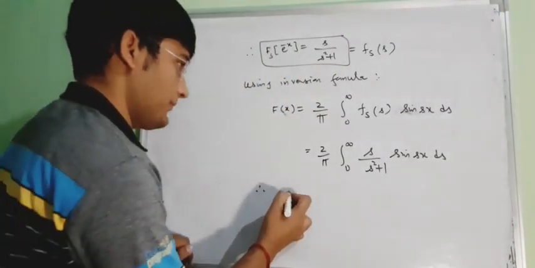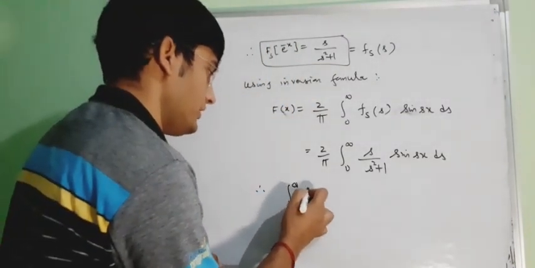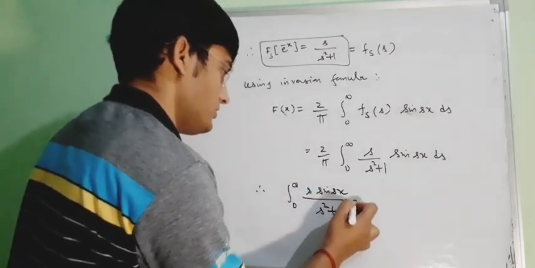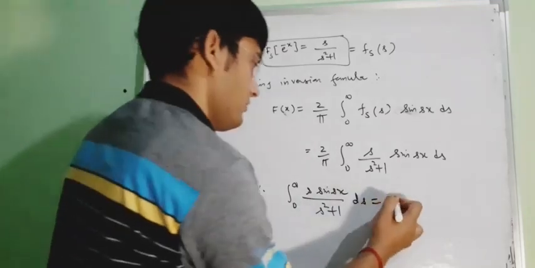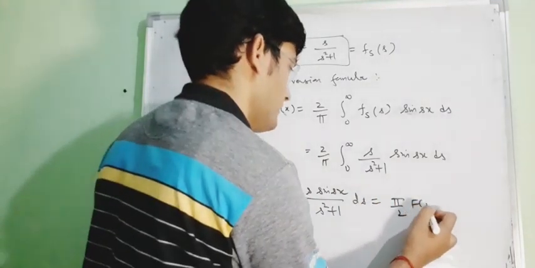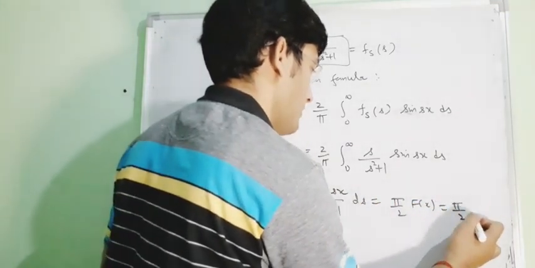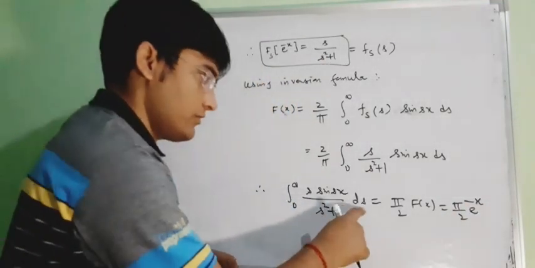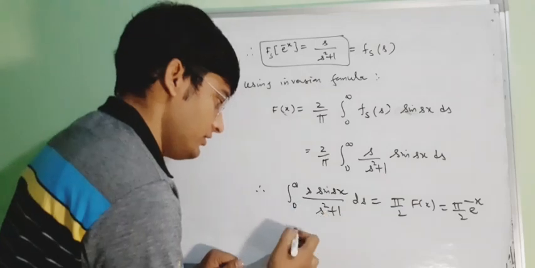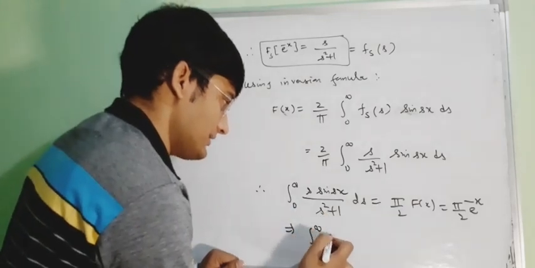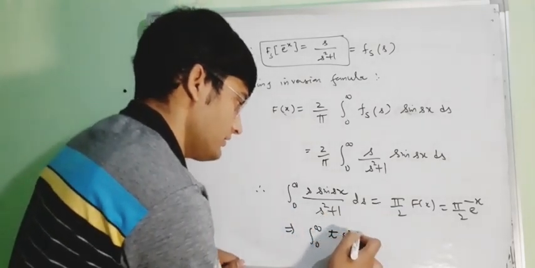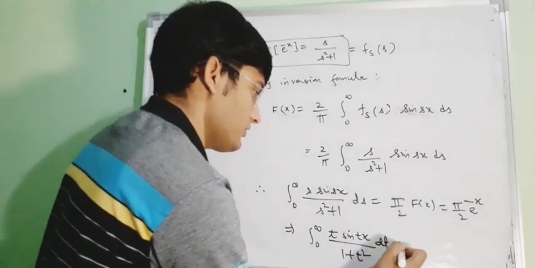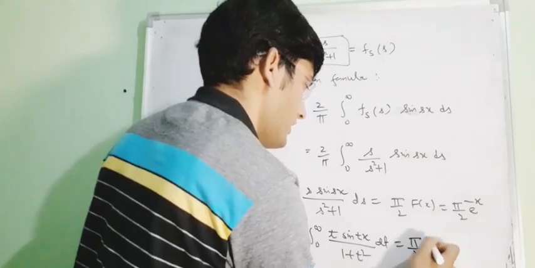Therefore, the integral from 0 to infinity of s sin sx upon s square plus 1 ds is equal to pi upon 2 into f(x), and our f(x) was e to the power minus x. Now we can change our variable to t, so we get the integral of t sin tx upon 1 plus t square dt equal to pi upon 2 e to the power minus x.